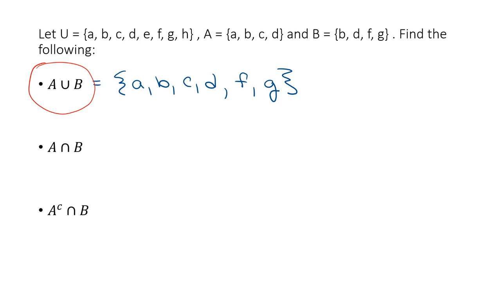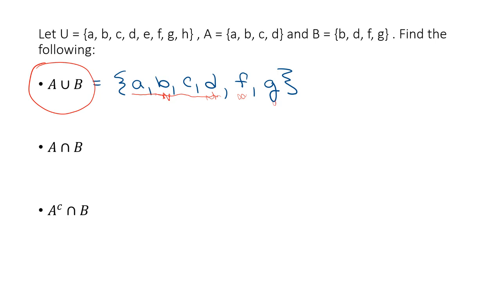And so I would start by just listing the letters in set A. They're right here, A, B, C, D. And then my union is also going to contain the letters in set B. So set B contains the letters, let's see, B, D, F, and G.